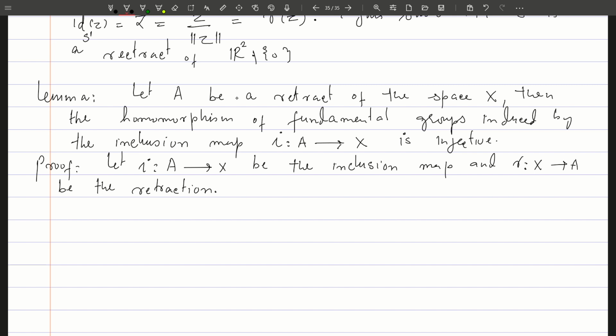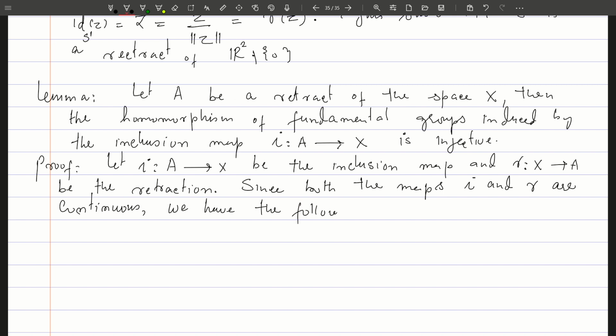Since both the maps i and r are continuous, we have the following induced homomorphisms of the fundamental groups.